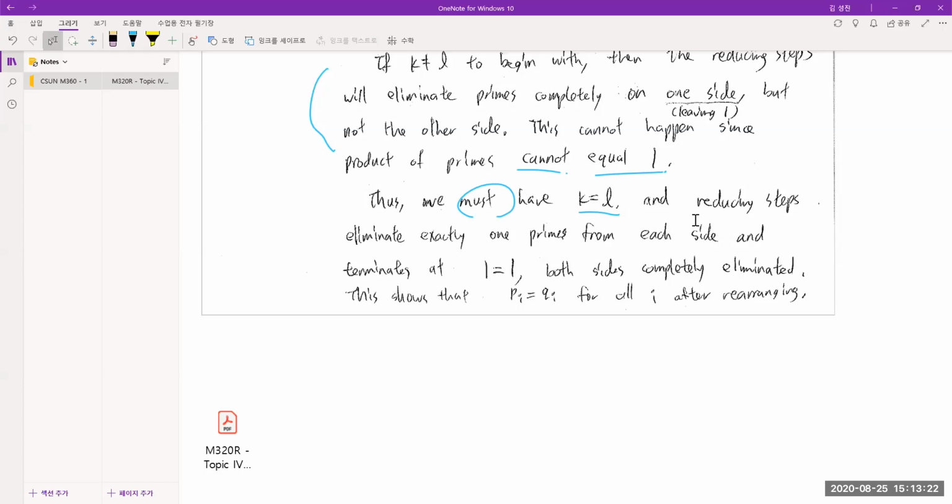So we repeat this until we eliminate every prime. Finally, we reach the point that every prime is eliminated so that there are no primes left on the left side and the right side. So we reach 1 equals 1. Both sides are now completely eliminated.